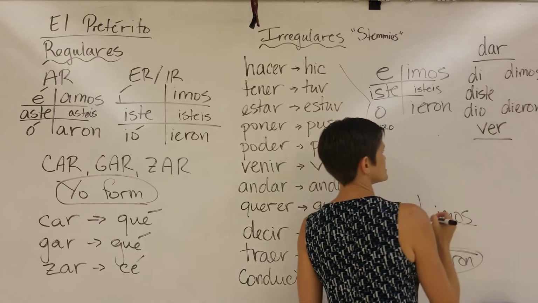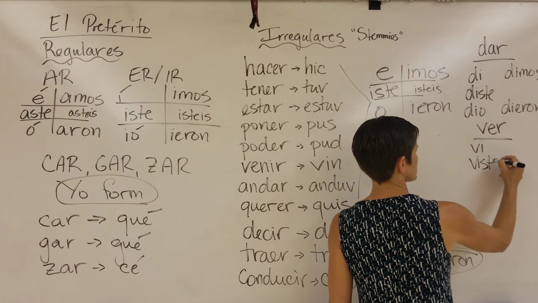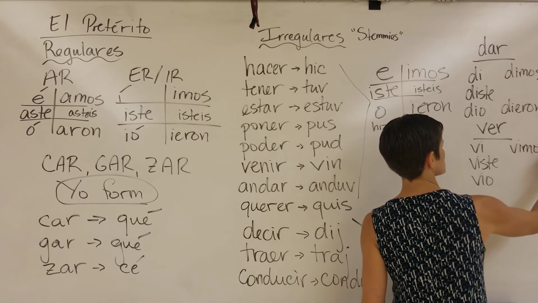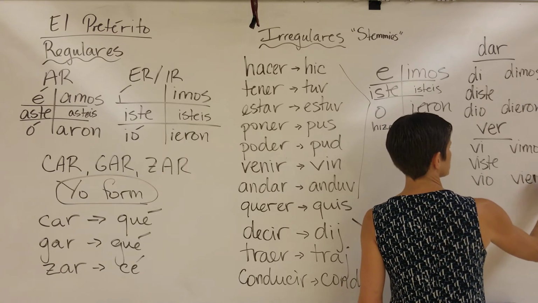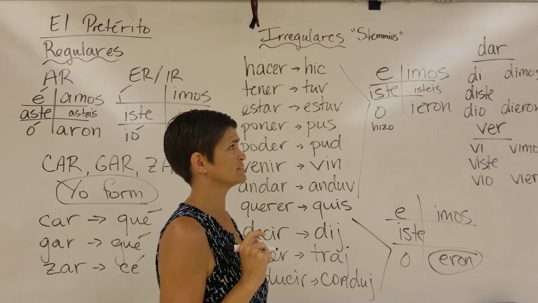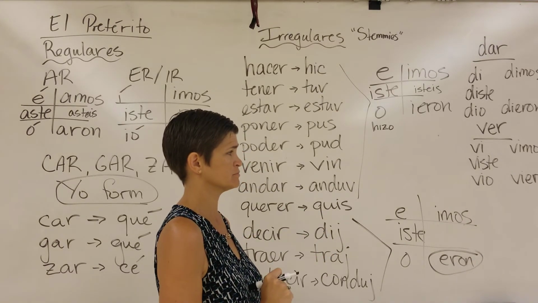No accents. Ver is vi, viste, vio, vimos, vieron. No accents. So they are both considered like brothers.